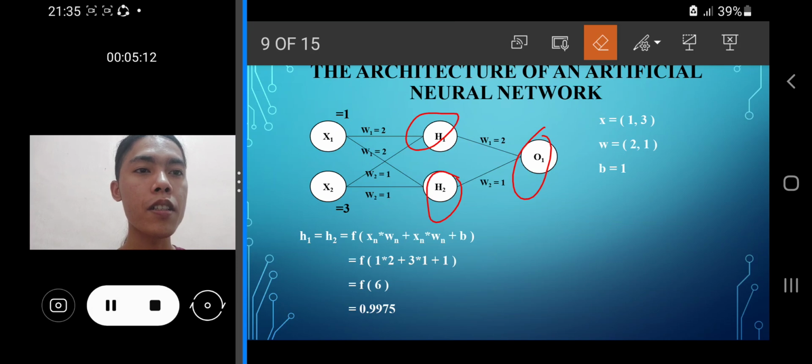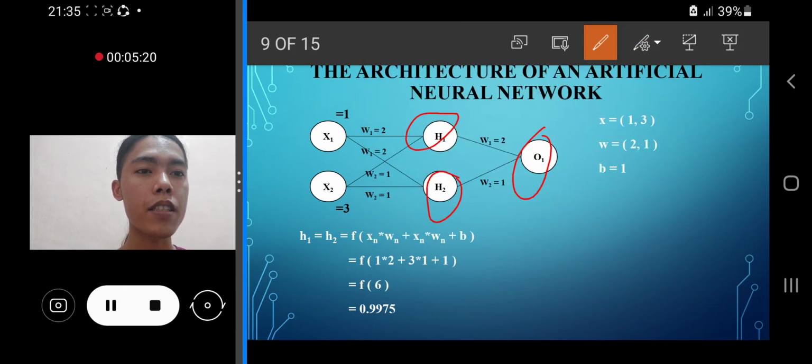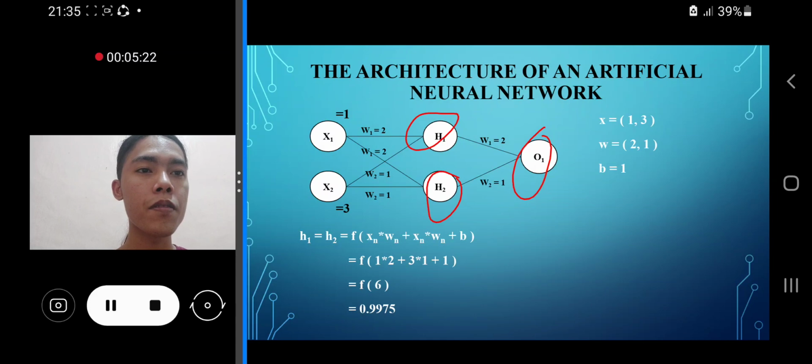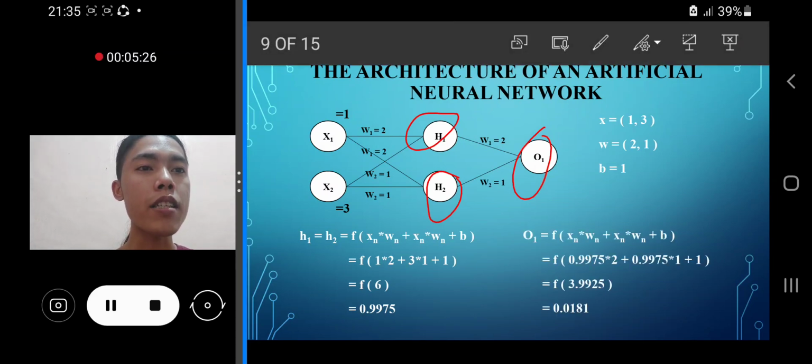So, the output is O sub 1, which is O1. So, we're going to use this formula.